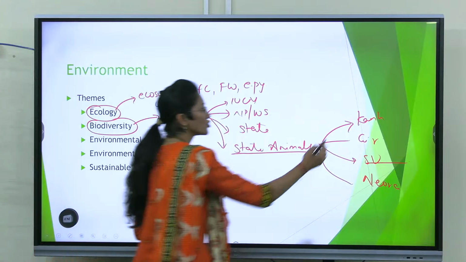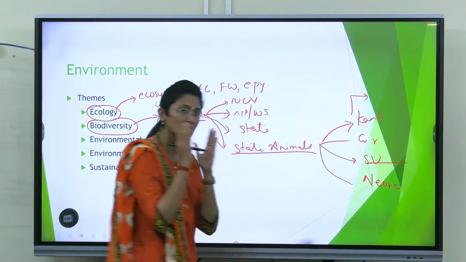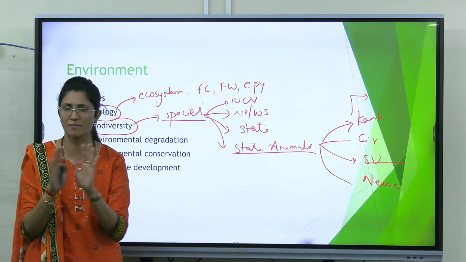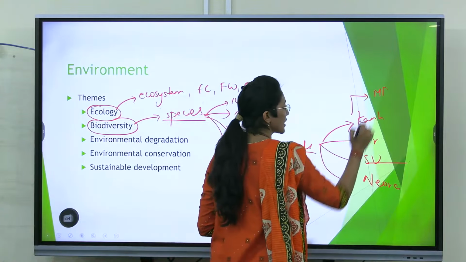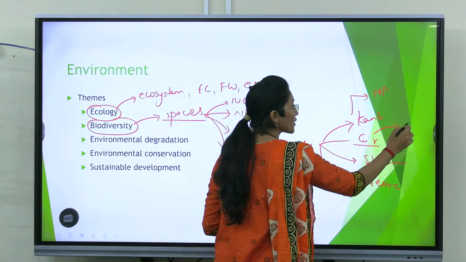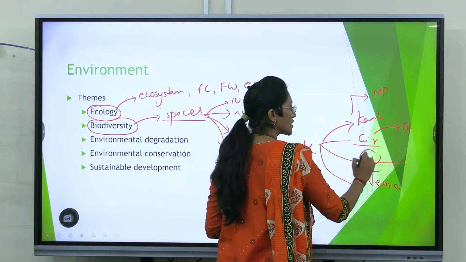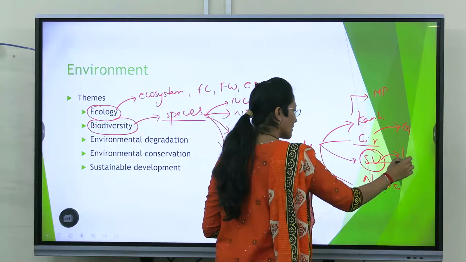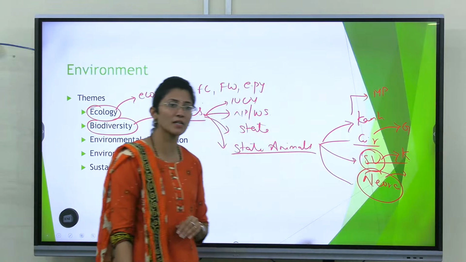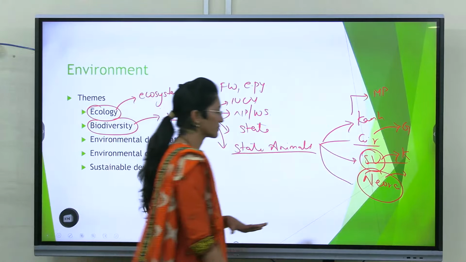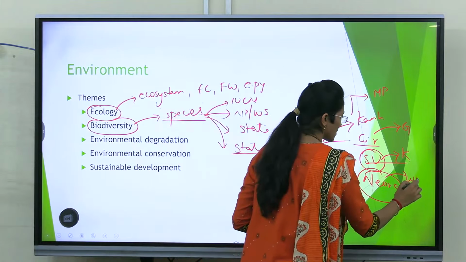You should know the national parks and the states in which they are located. That is basic. So you know that Kanha National Park is in Madhya Pradesh, Gir National Park is in Gujarat, and Silent Valley National Park is in Kerala. Neora National Park is in the upper reaches of West Bengal, higher altitude regions.